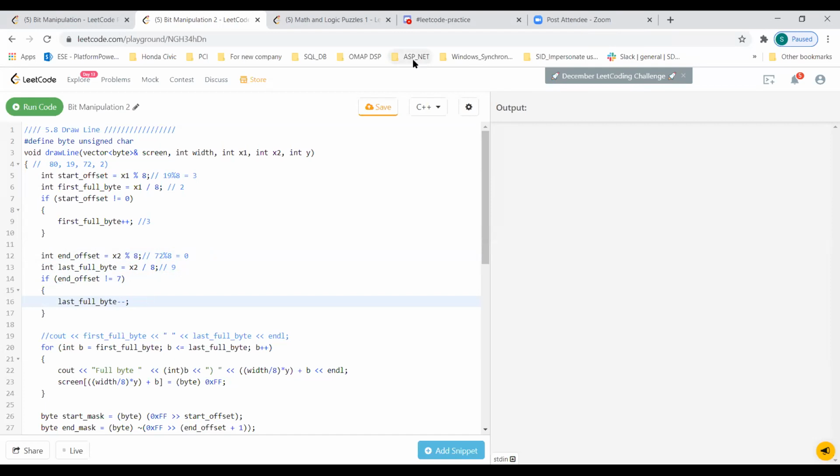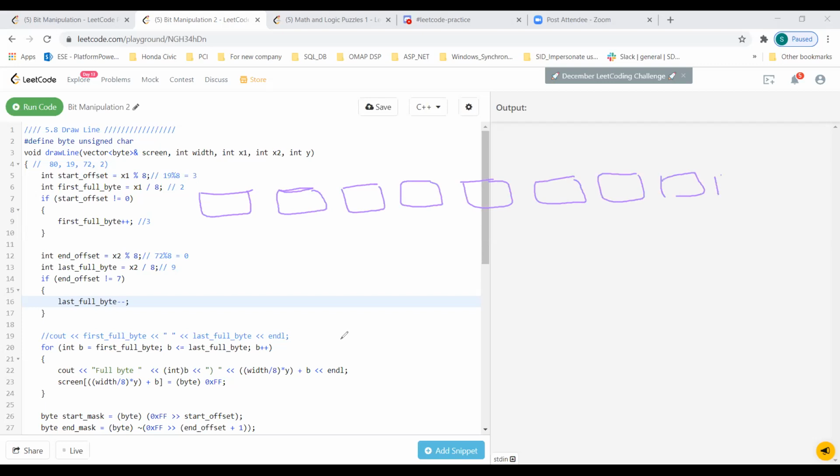So if we have the bytes 0, 1, 2, 3, 4, 5, 6, 7, 8, and 9.